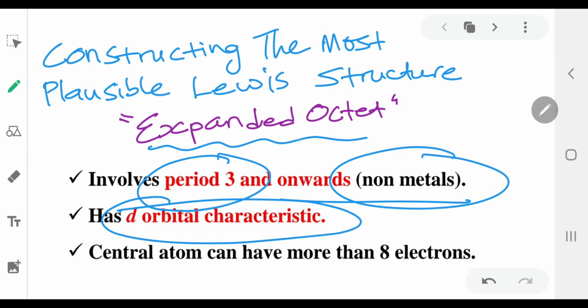So when you are asked in exams why certain species would be able to go against the octet rule, that is because it is on period 3 and onwards, and they have d orbital characteristics. So you have to mention those 2 points. Okay, when you are able to expand the octets, the central atom can have more than 8 electrons.